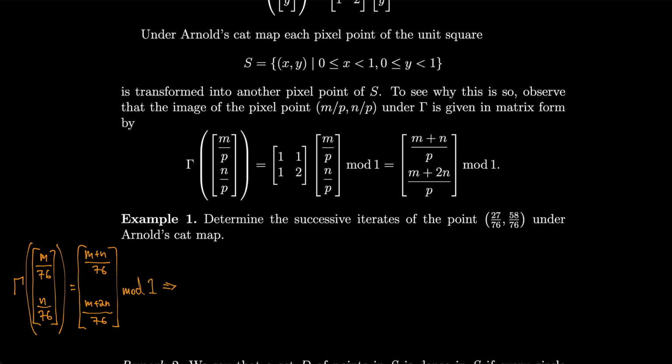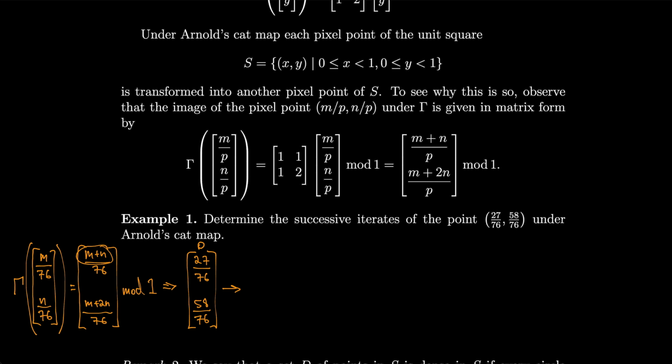So if we start with the point (27 over 76, 58 over 76), then that'll be our, let's say, 0th iterate. And then we'll plug in: 27 will be m, 58 will be n.